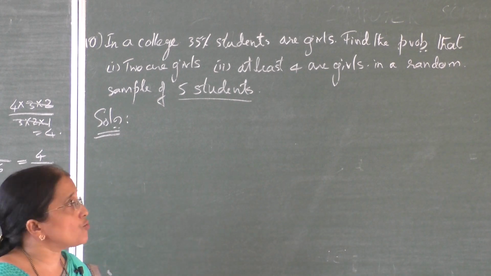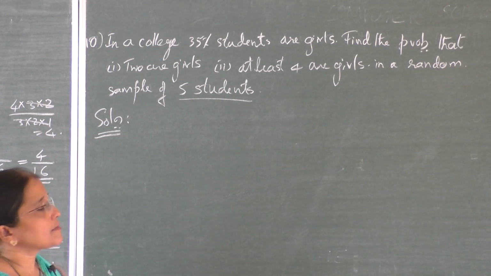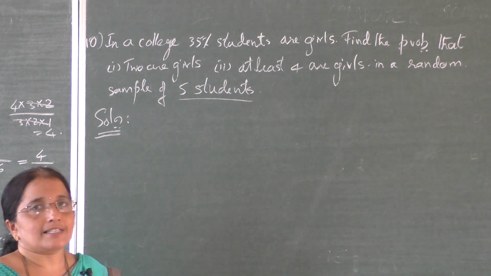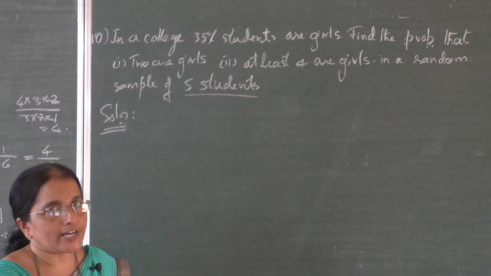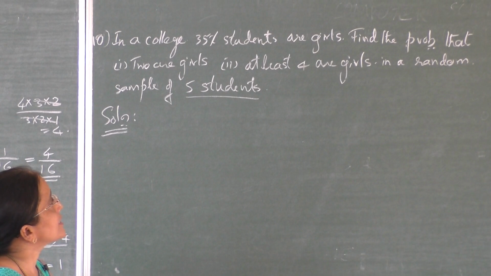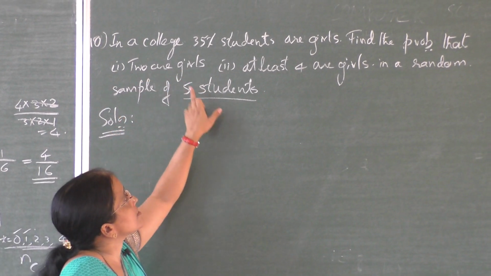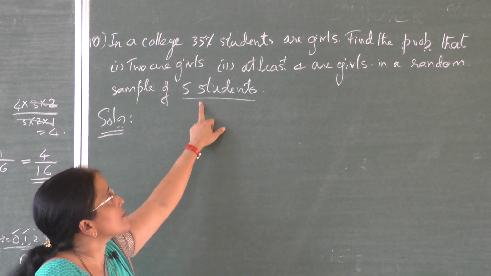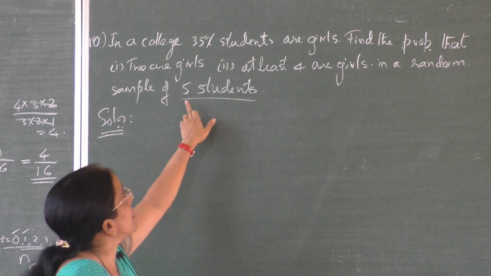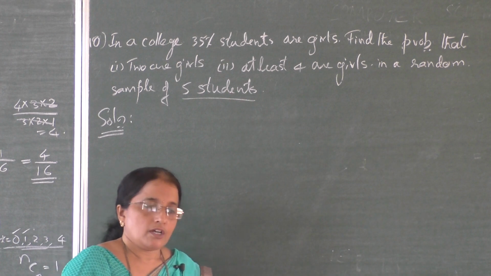We are dealing with the students. There is a class and some students are selected. Totally they are going to select 5 students. We have to find the probability that 2 are girls in a sample of 5 students, or maybe the second question, at least 4 are girls in a random sample of 5 students.